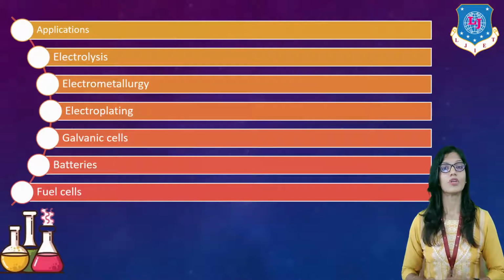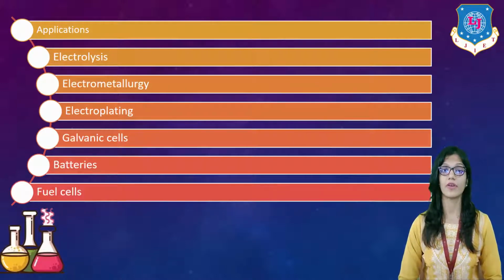If we talk about the applications of electrochemistry, we will find it in different types of electrolysis. We will find it in the electrometallurgical field. We can find it in electroplating.